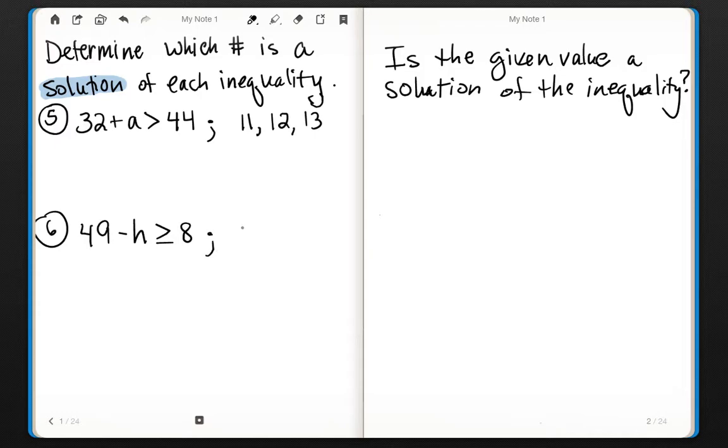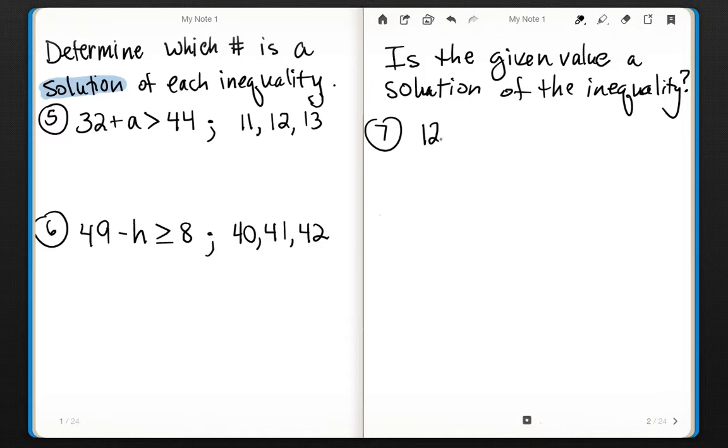And let's do 40, 41, and 42. Okay, so you can do those two. And then we'll do this other type of problem. Is the given value a solution of the inequality? So this will be number 7.